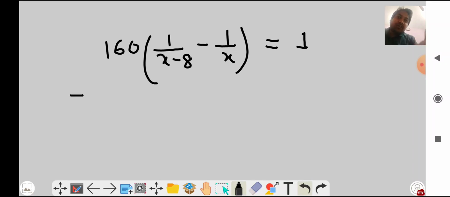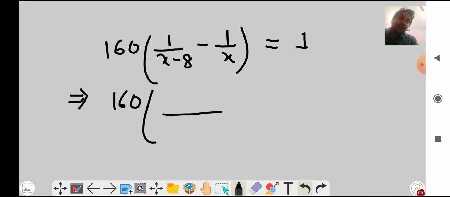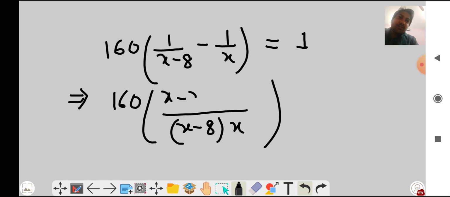Or you can say 160, the LCM is x minus 8 and x, right? See here, this is x minus x plus 8, and this will give 1. Is it clear to all, guys?